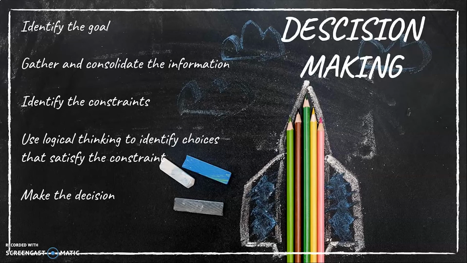Then you have to finally decide on the process and carry it out. Decision making is nothing but this: you have identified your goal, gathered the information, and consolidated it, then only once everything is done can you see what problems you are going to face. You have to think logically and have a solution for that before you start your activity.